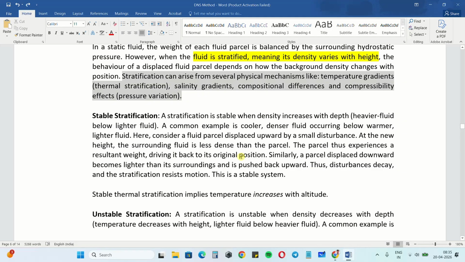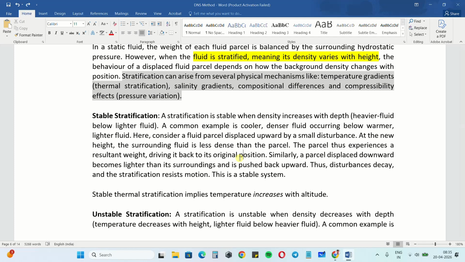It is moving to a region of lower density. The surrounding temperature is higher, and that would mean that the air there is less dense. So as soon as this fluid parcel goes up, it would feel heavier than the surroundings, and it would dip back down to its initial position.